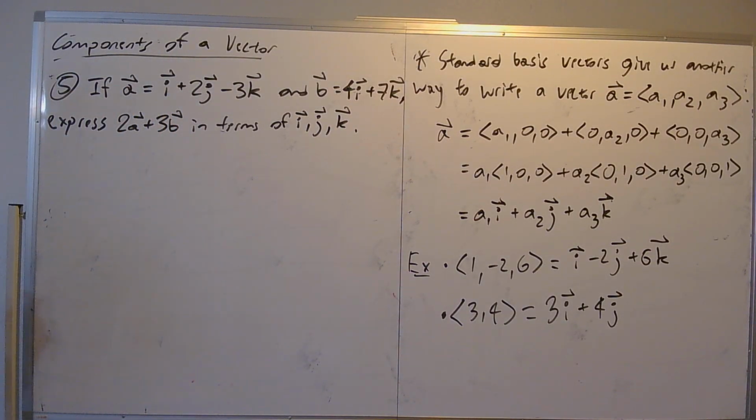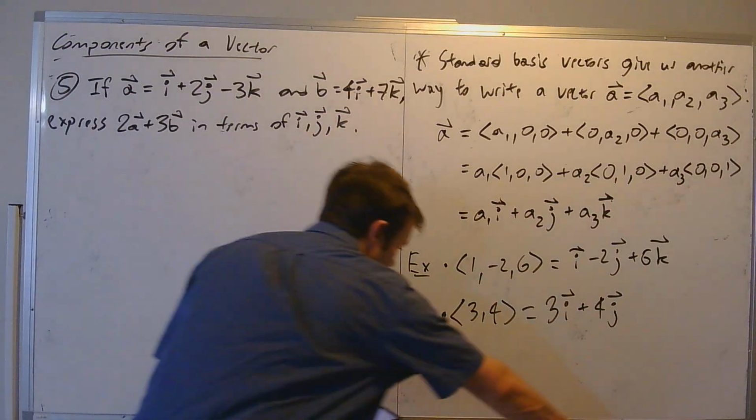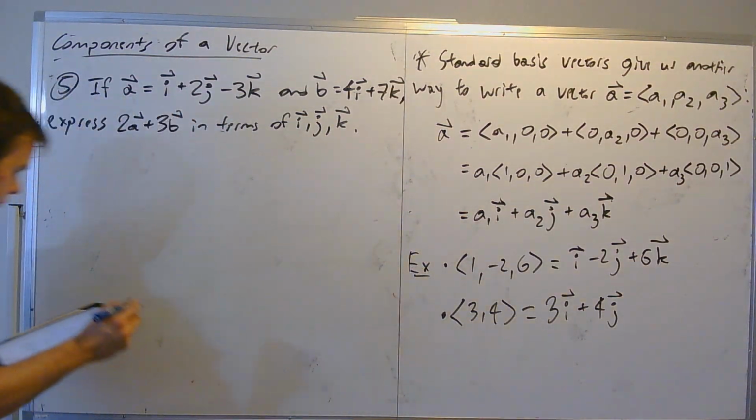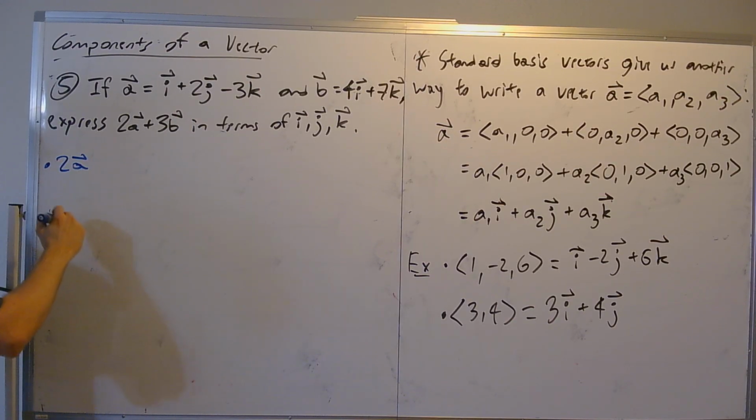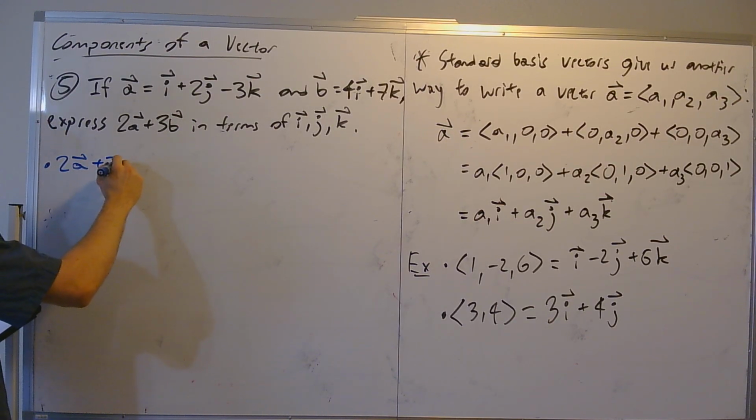Okay, so they've given us 2 vectors. They've decomposed it for us into i, j, and k, and we want to figure out what this new vector is going to look like. So let me use a different color. We're going to have 2a plus 3b.